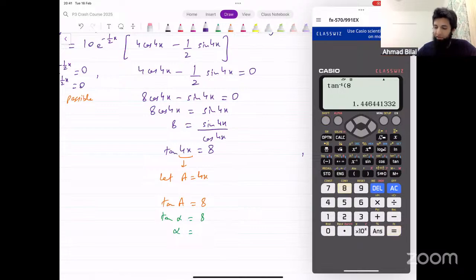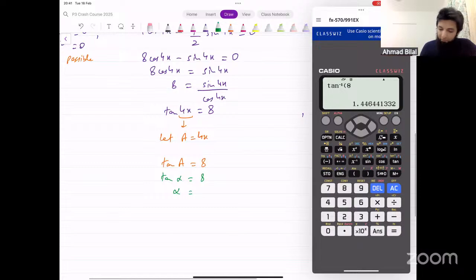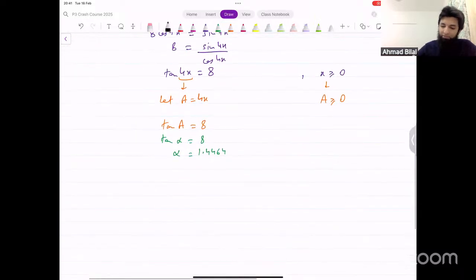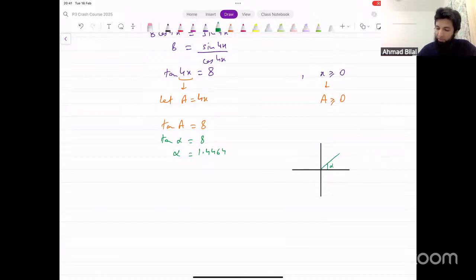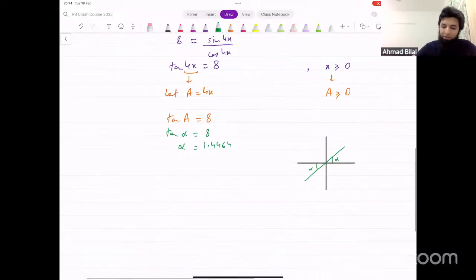Okay, tan inverse of 8. What do we get? 1.4464. That's the basic angle that we're getting. Tan is positive. Where is tan positive? Tan is positive in the first quadrant or in the third quadrant. Okay, so that means we have to consider all angles greater than or equal to 0. The first angle that we're getting is this, and the next is this.